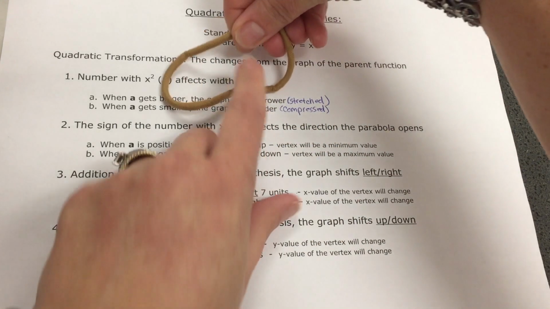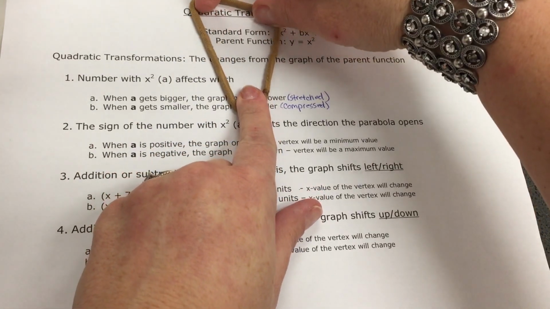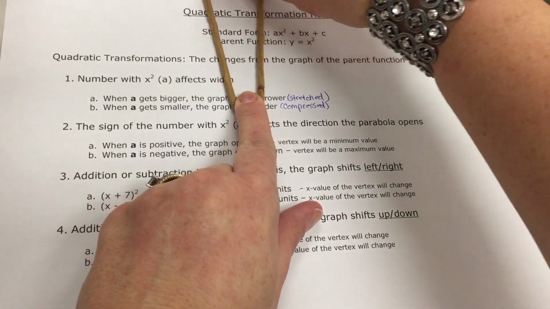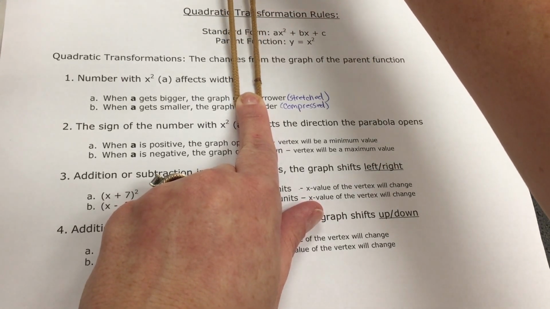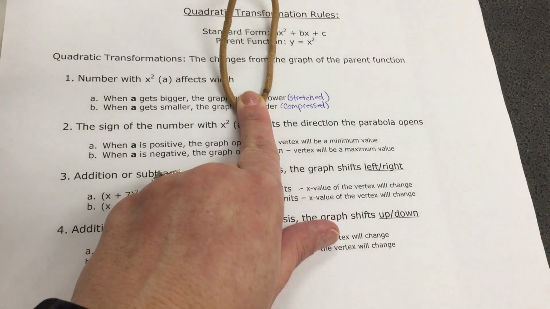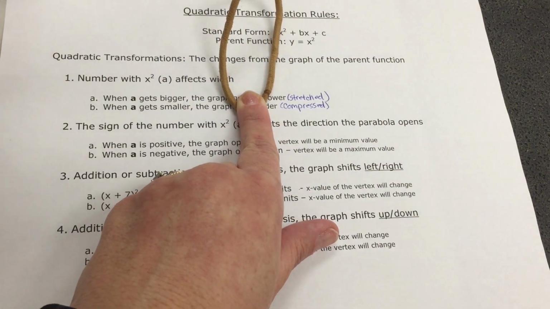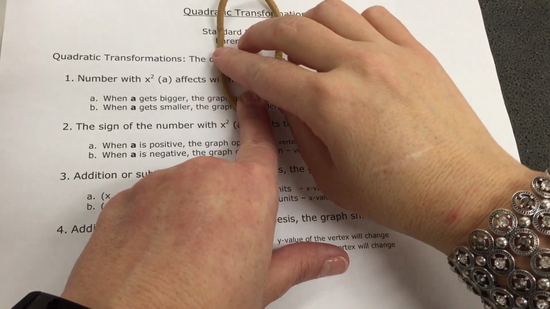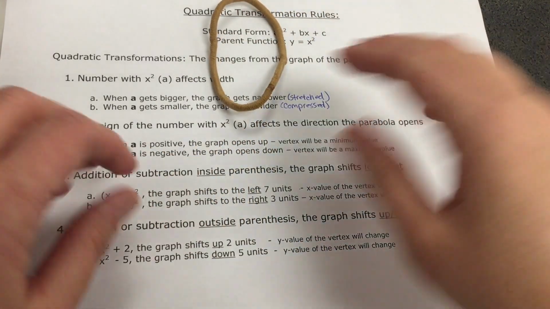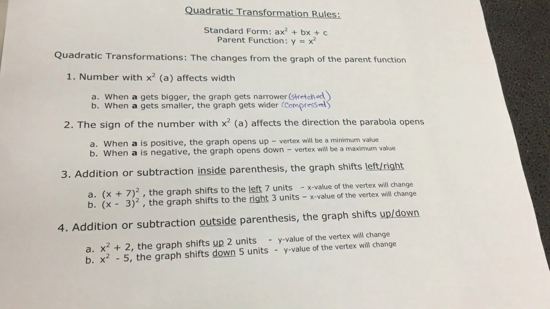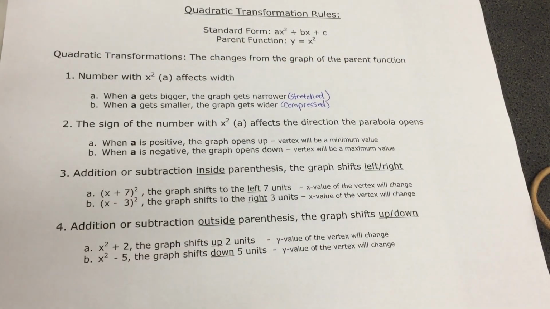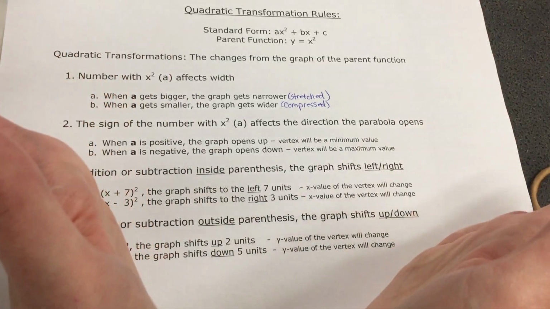If this is my quadratic, as it gets more narrow, it stretches. But if your a is a smaller number, it gets wider. We're going to say that it's compressing. So you have to keep those straight. If the a is bigger, you're going to stretch it. If the a is smaller, it's going to compress, which means it's getting wider.